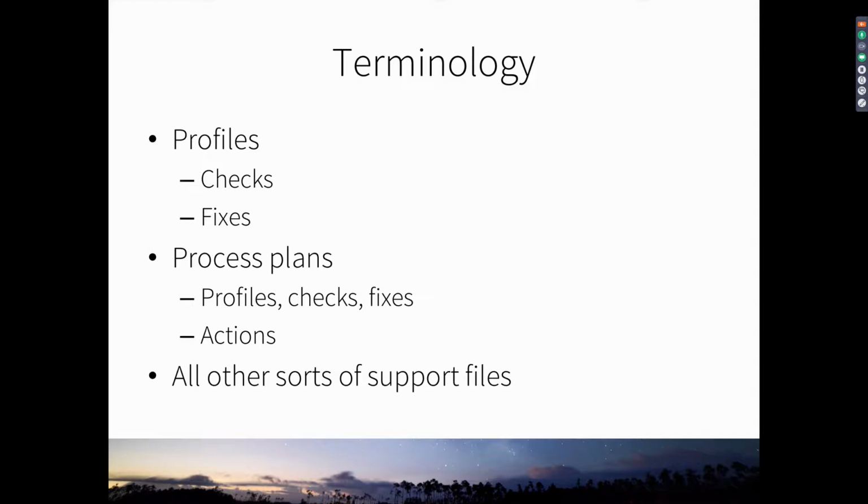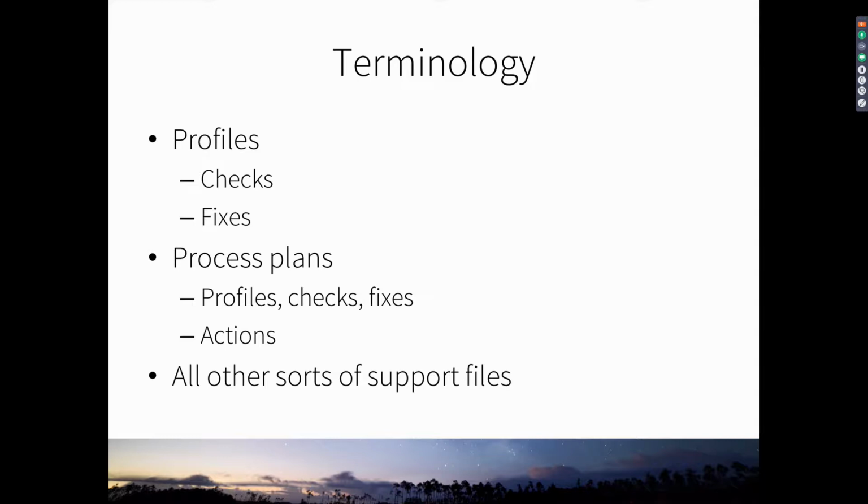And then on top of that, there are all sorts of support files. Imagine a fix that does convert color. That fix might use an output intent, it might use an ICC profile. Imagine a fix that is called place content. Place content uses HTML templates.